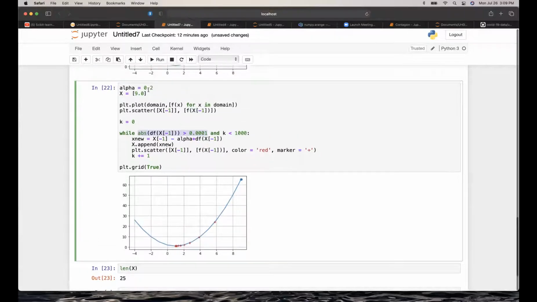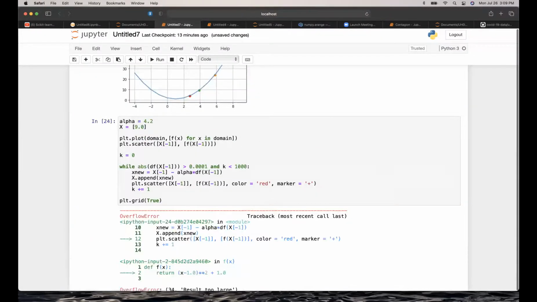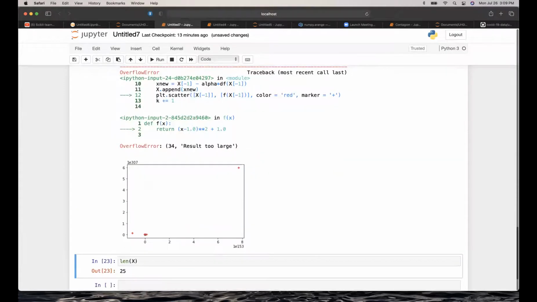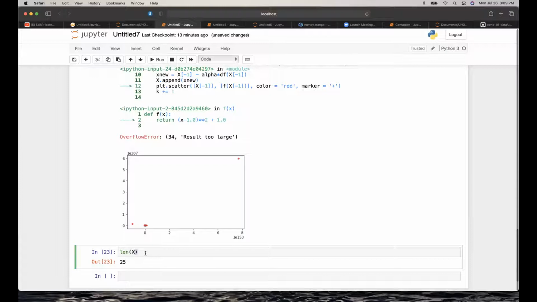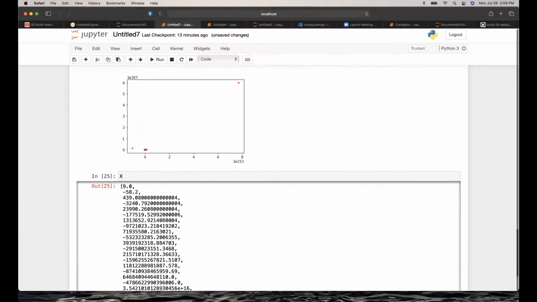And depending on your choice of alpha, let's see what happens if we make alpha like 4.2, a really big learning rate. Result too large. We were jumping around too much, right? Yeah, look at the crazy values that we were getting.